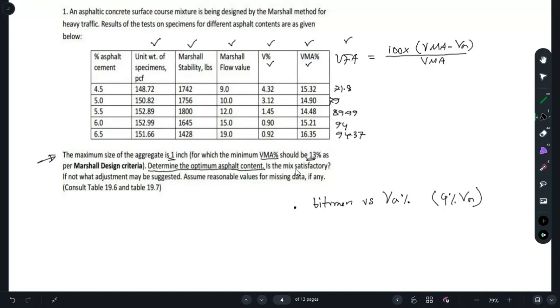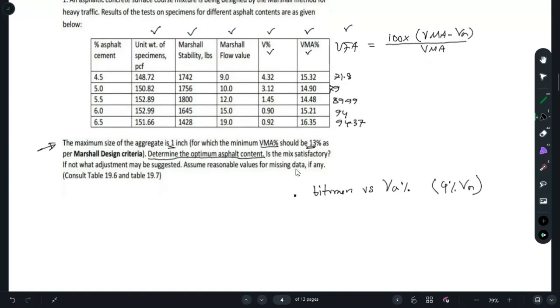And to prove that, we will check the other five criteria, that is unit weight, Marshall stability, Marshall flow value, VMA and VFA. If the other five criteria are fulfilled, then we can claim that the bitumen content for 4% air void is optimum. If not, then it's not actually. So let's draw them.